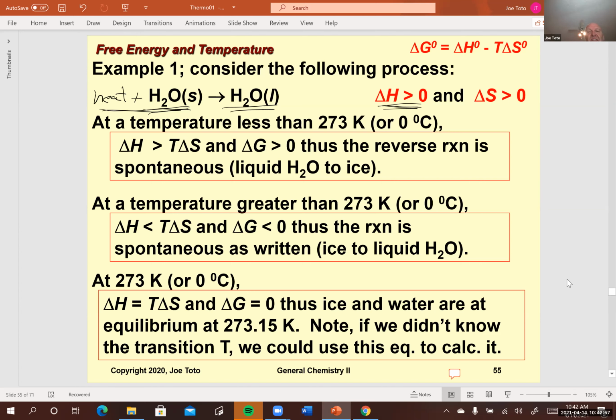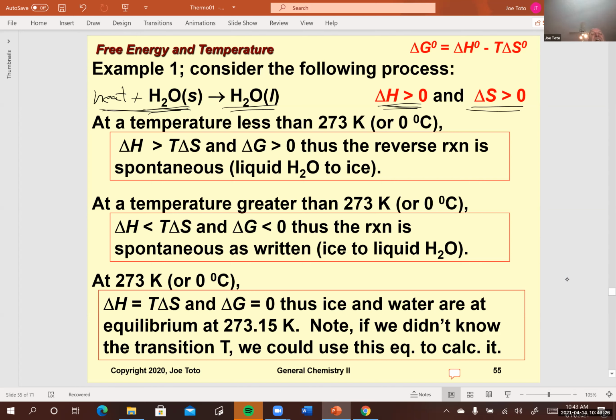Now, let's look at the sign of delta S for this. What do you think the sign of delta S is going to be? Positive. Yeah, it's also going to be positive. Awesome. And does that make sense with our definition of entropy? Yes, there will be more disorder in liquid water.